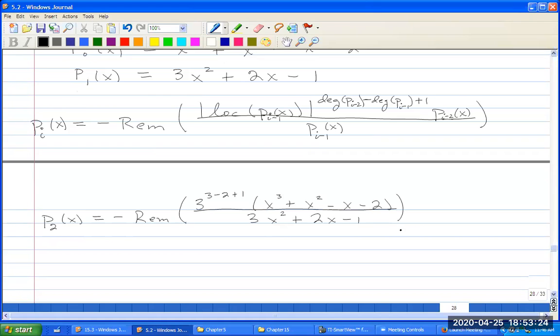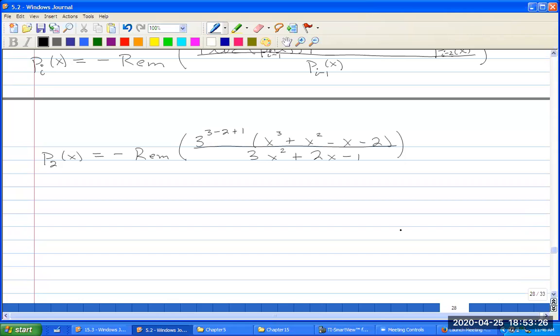So I have that p sub 2 of x is equal to minus the remainder of, again, 3 minus 2 is 1, plus 1 is 2. 3 squared is 9. So let's multiply each of these by 9.